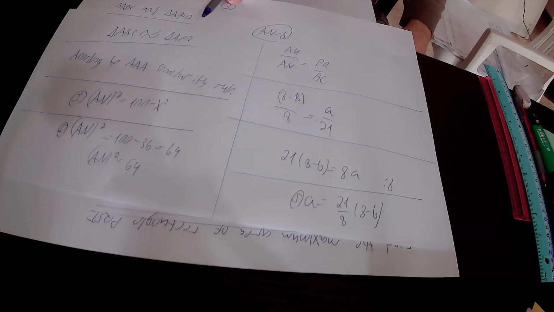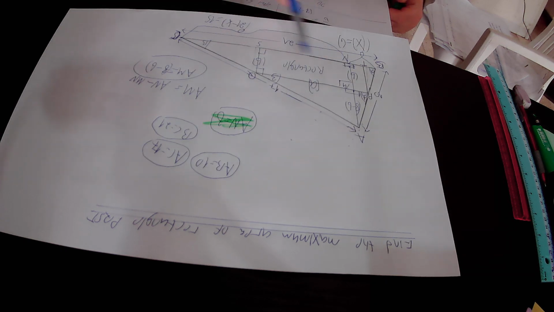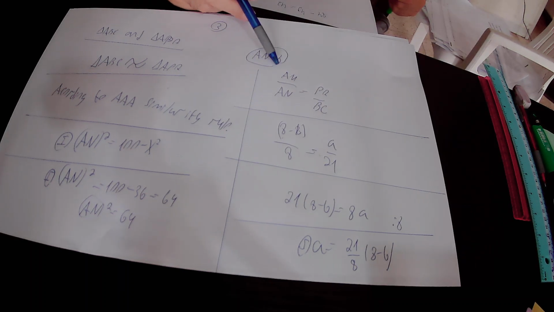And from the fact that the small triangle APQ is similar to the big triangle ABC, we derive that the following relationship exists between their heights and their sides. That the height AM in the small triangle over the height AN in the big triangle equals side PQ of the small triangle over side BC of the big triangle.